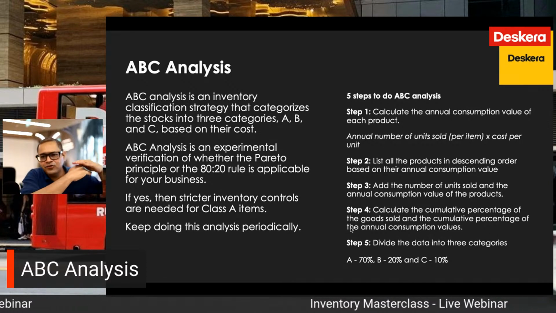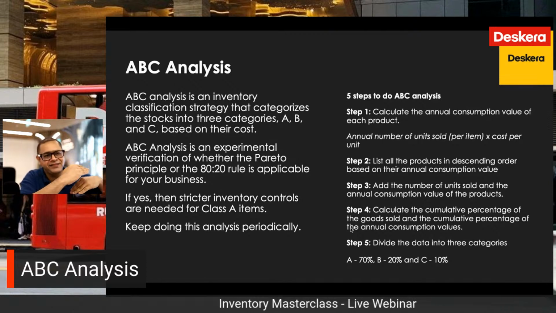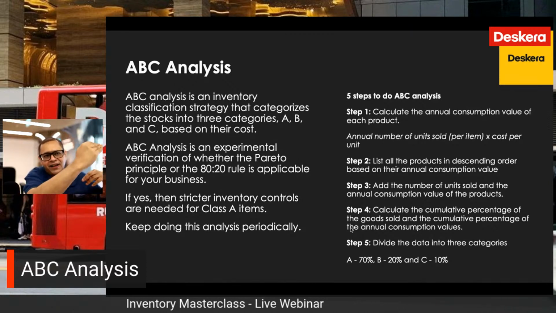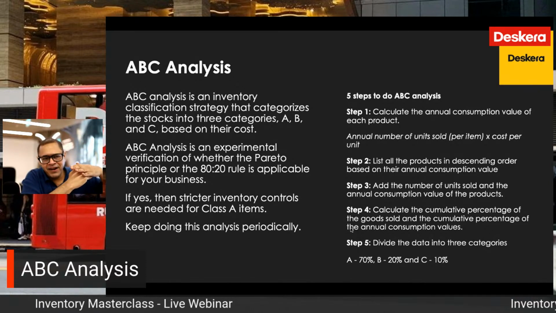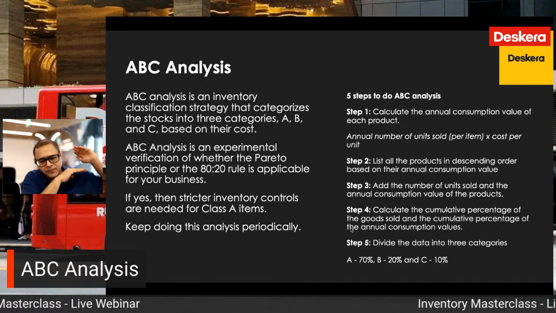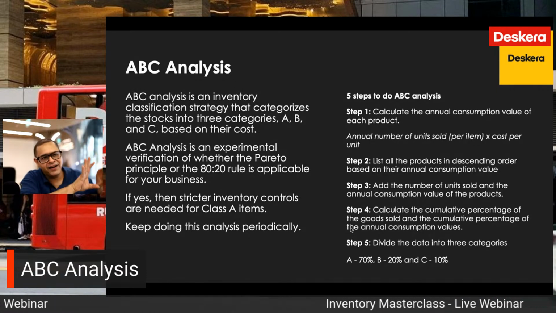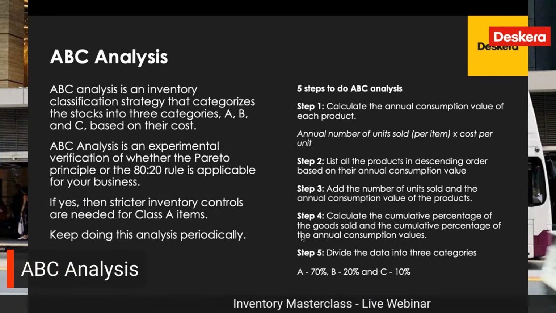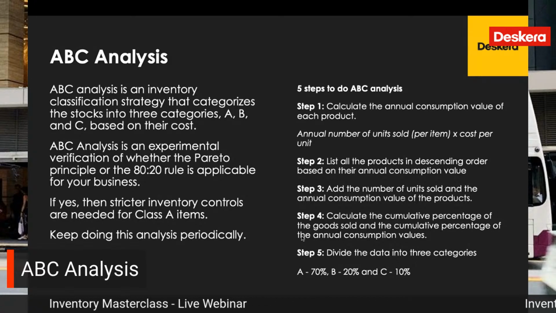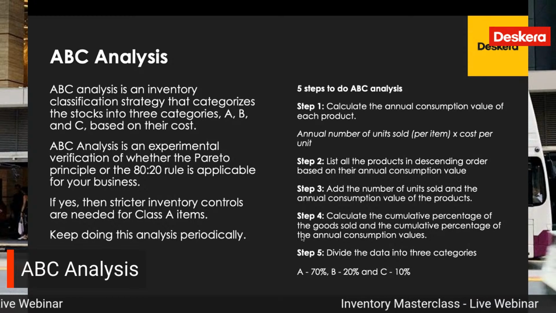Or you can choose to break this list into 10, 20, and 70. And immediately you will know that these 10 or 20% of the items are responsible for the maximum consumption, whereas the rest are not getting consumed as much.